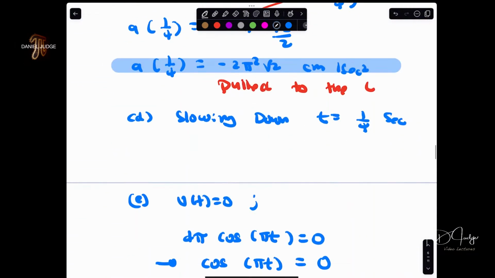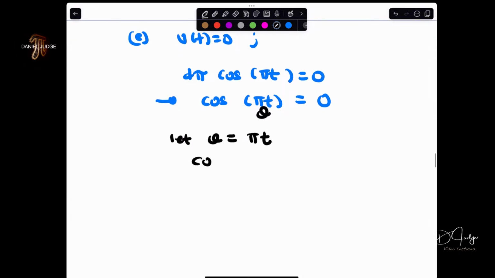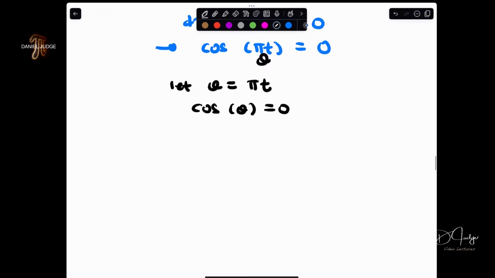So what I say to people is this. You're going to do a substitution here. You let theta be pi t. So you're trying to solve where cosine of theta equals 0. Now, remember what I said earlier. These curves show up a lot in STEM, so it's good for you to know what they look like.